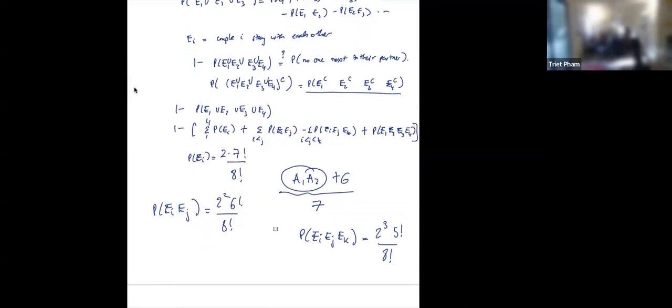Two units and four left. All right. So E_i, E_j, E_k will be 5 factorial. And E_1, E_2, E_3, E_4 will be 4 factorial, 2 to the fourth over 8 factorial. Okay. Any question about this?